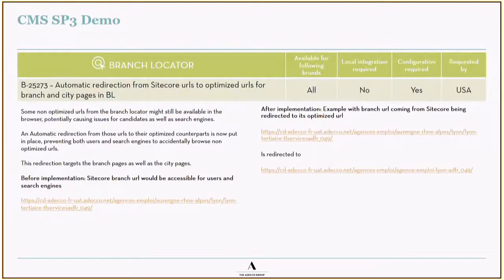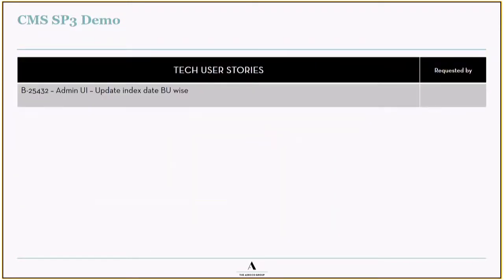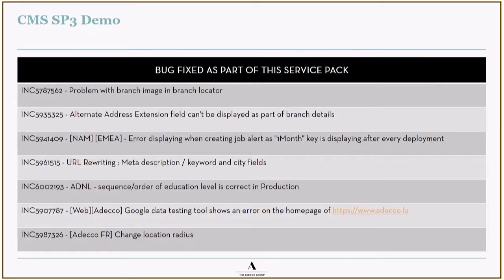All right, let's jump into the tech user stories now, and then quickly to the bug fixes. There was only one technical user story, which was done internally and not requested by any country, and we don't necessarily have to explain all of them, including the bug fixes, unless you have a question about the different bugs.